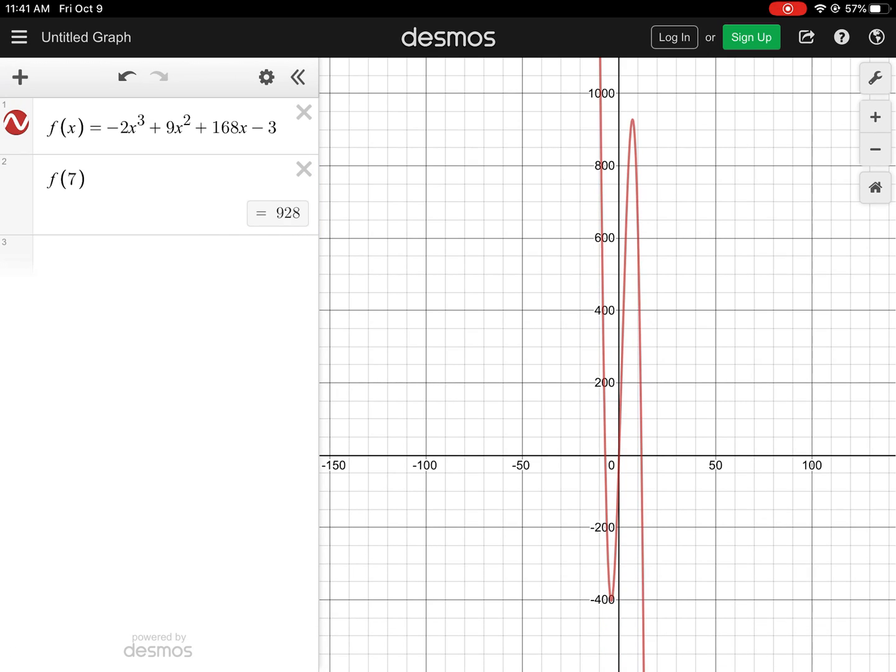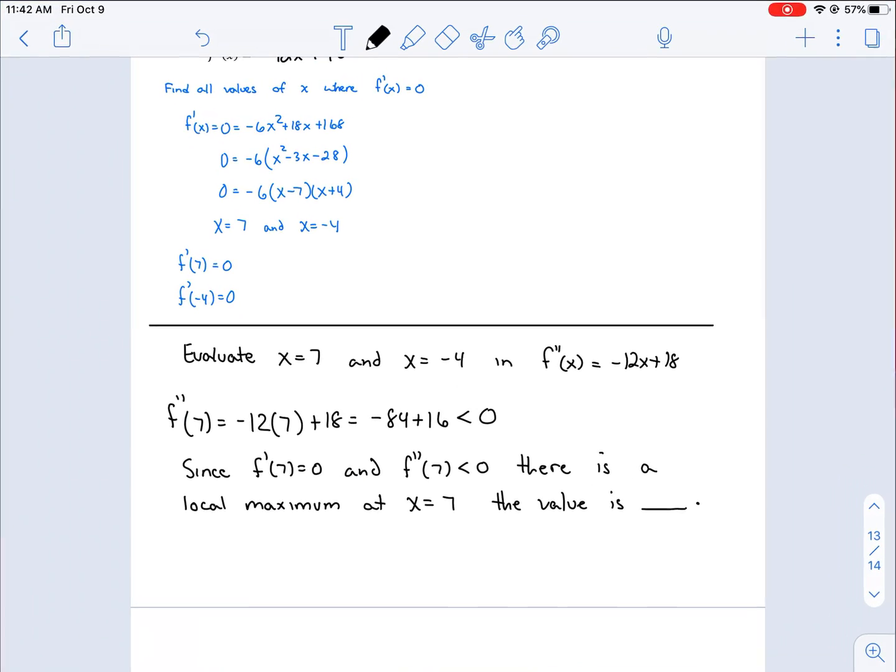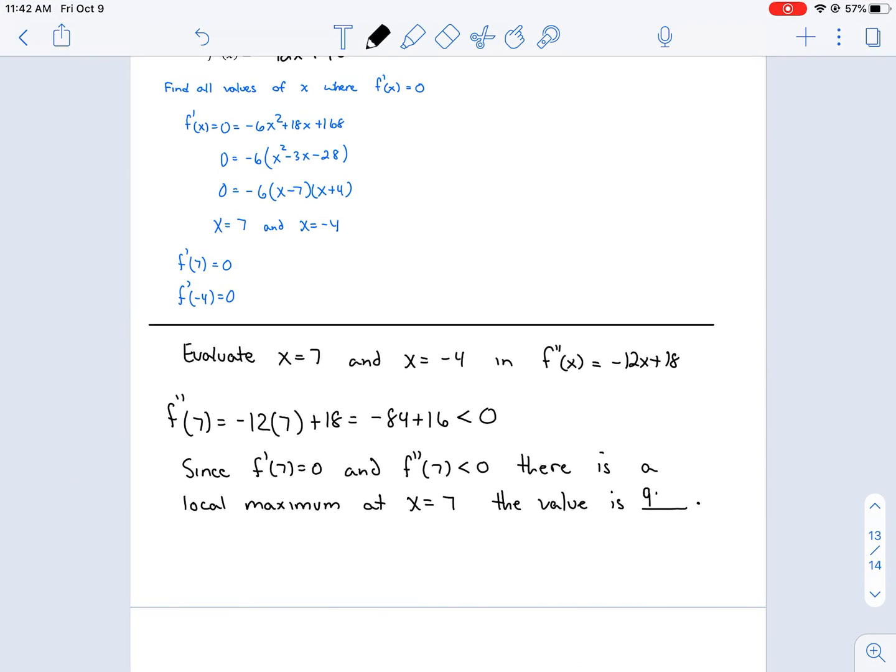And that is 928. And to see that that point actually does lie on the function, you could see it is indeed the location of a local maximum. So the value is 928.